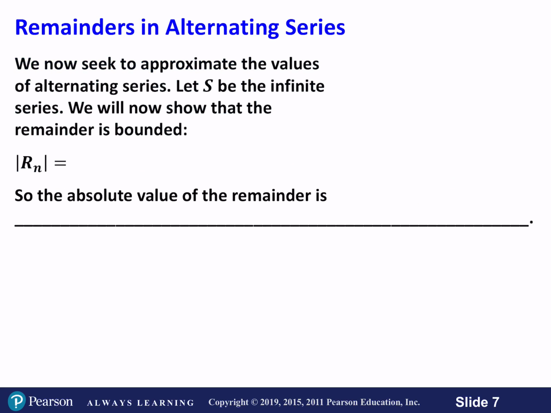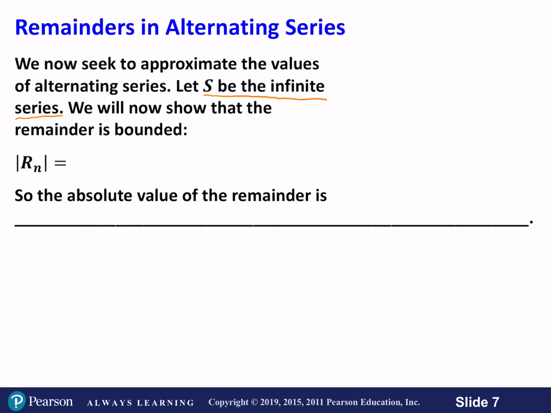Now let's talk about remainders for alternating series. The thing that's nice about alternating series is that there is a very easy way to check the error or the remainder of your alternating series. So first of all, we are going to let S be the infinite series, and we are going to suppose that it is a convergent series.